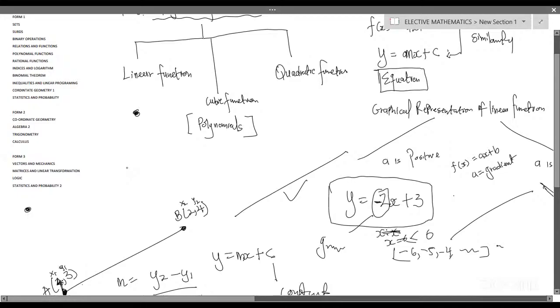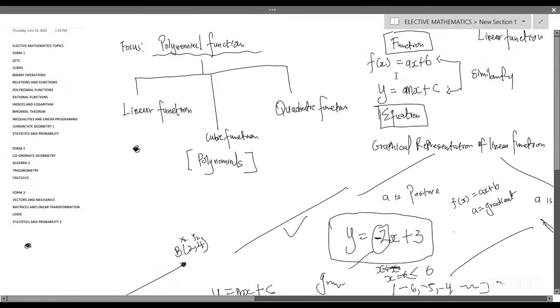And I told you that for the linear function, this is how it's expressed: f of x is equal to ax plus b. It's the same as the linear equation, with some similarities. The linear equation is y is equal to mx plus c. And I told you that there is a difference between an equation and a function. You get the point.